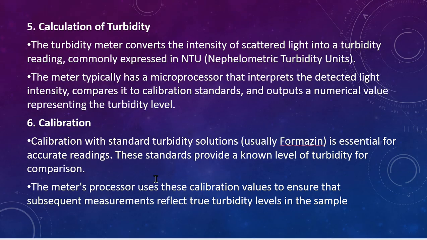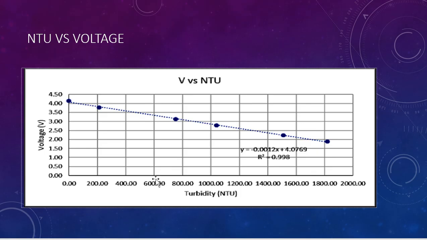We can see in this graph of voltage versus turbidity. Let's say the detector detects a voltage of 3 volts. From the graph we clearly see that the turbidity of that sample is around 800 NTU. This graph is for the turbidity meter.